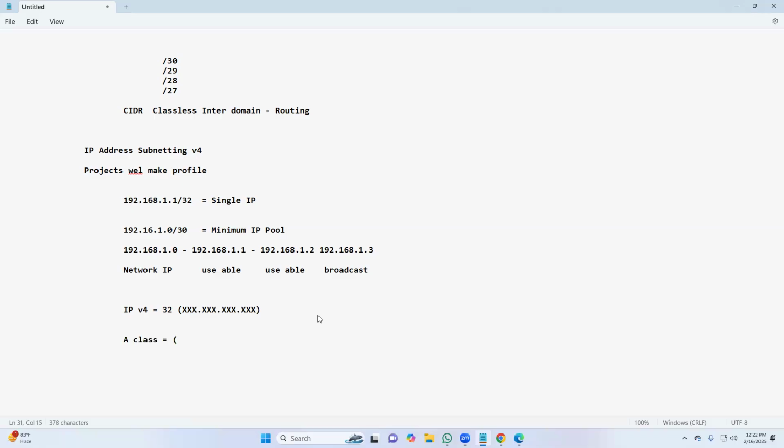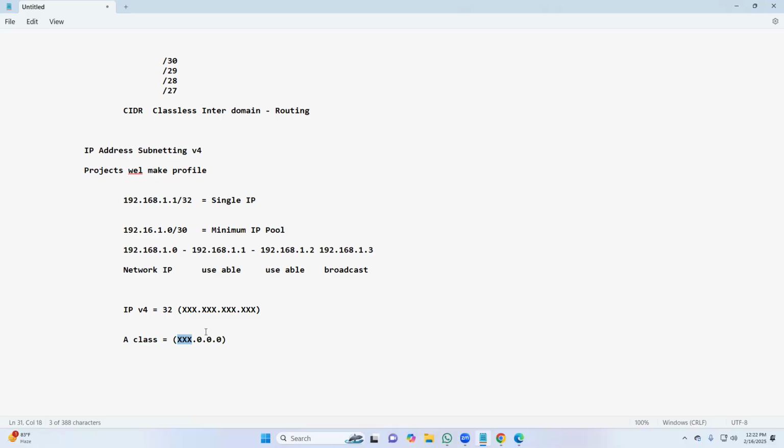And if you talk about the A class, then this is the fixed IP, but the other octets are 0.0, which means you can put any number here, any number here, and any number here. But you can't put any number here because this is the A class IP. Remember this thing.